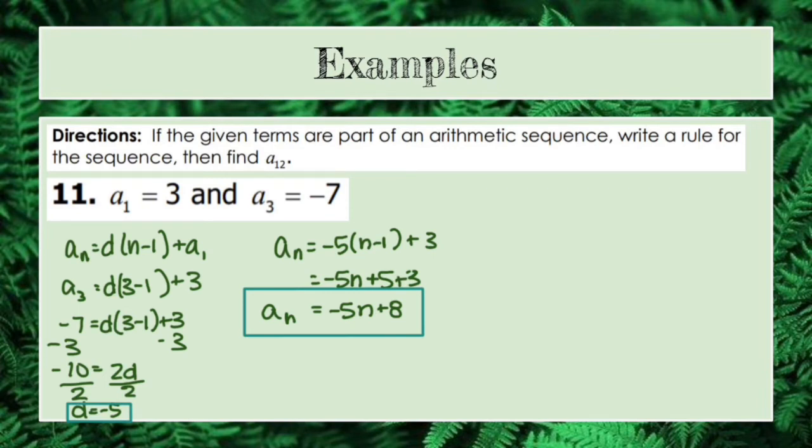Now it also asks us to find A sub 12. So we're going to use that formula and plug 12 in for n. So we get -60 plus 8, which equals -52. So there are both parts of our answer.